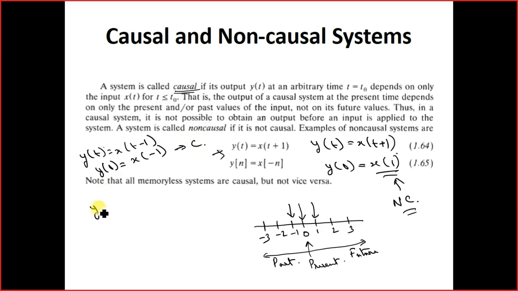Then we will check some values on the positive side. y of 1 equals x of 1 minus 1, that is x of 0. So x of 0 would be on the left hand side, so again it is causal. Next, if we check the negative side, y of minus 1, we would have got x of minus 2.